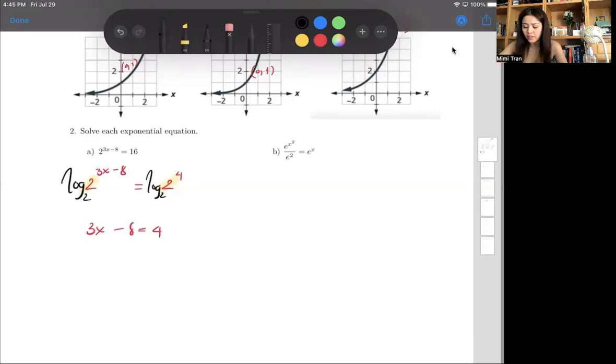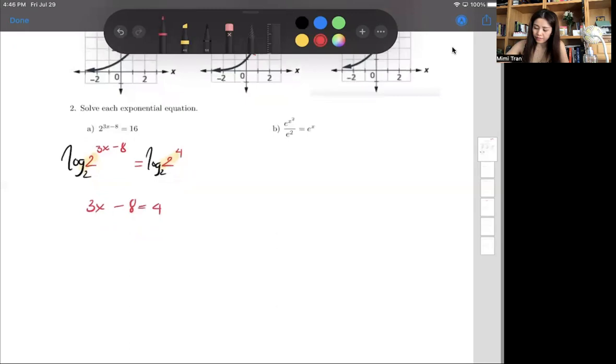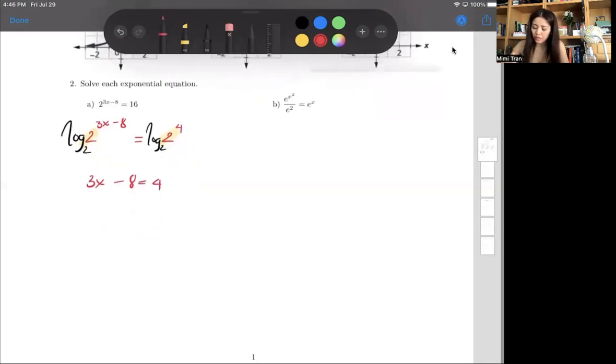Log base 2 and the 2 cancel because they are inverses of one another. So that's why the powers drop, and you let them equal each other. On the exam, I'm not going to ask you to show me every single step, but a decent number of steps. A lot of times people just automatically drop it and then set the powers equal.